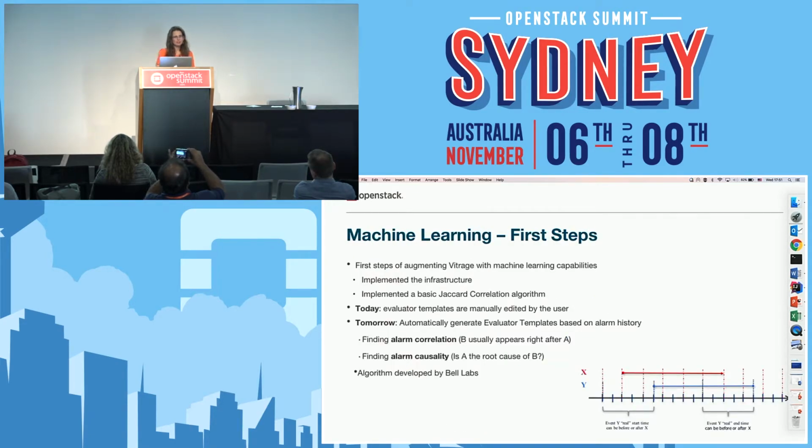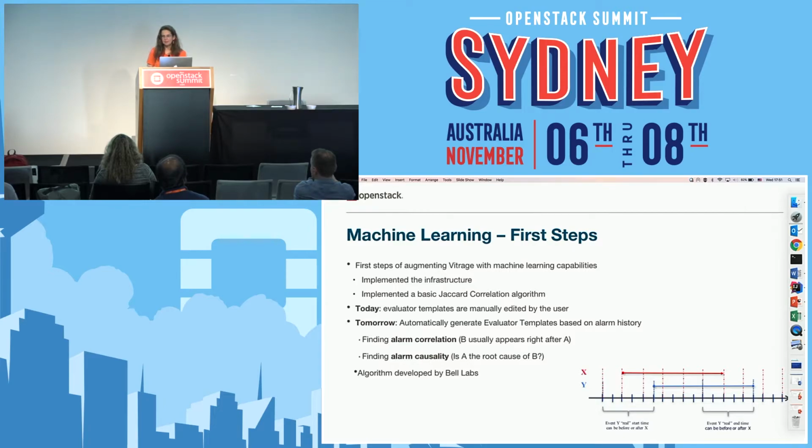Okay, machine learning. In Pike, we have made the preliminary steps towards a machine learning solution. So currently, the business logic is determined by Vitrage templates. So the cloud operator should create the templates based on his experience.